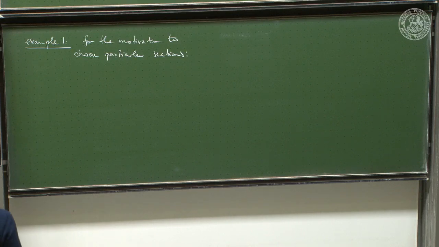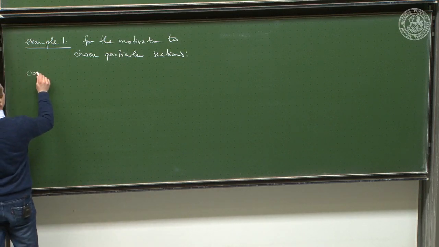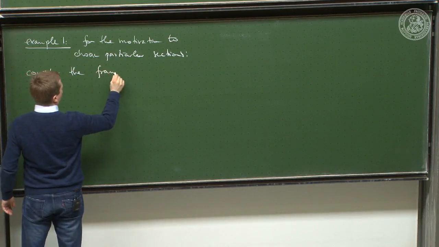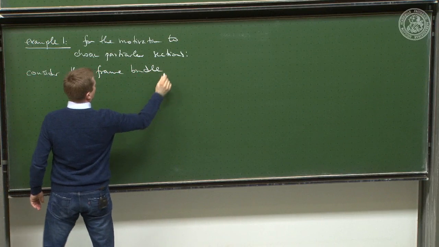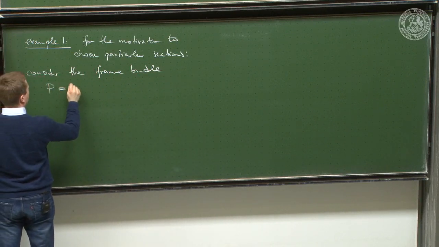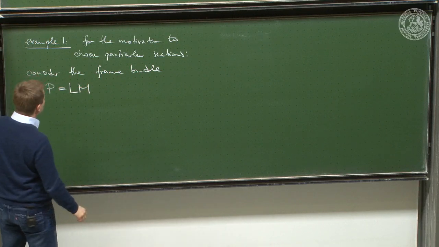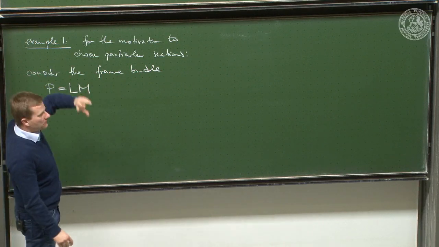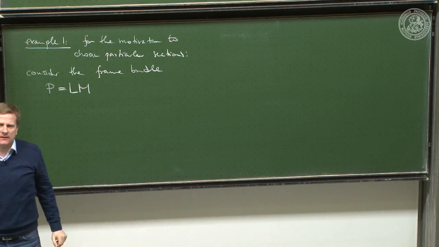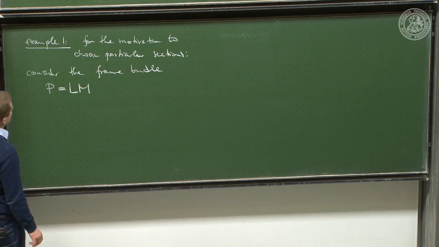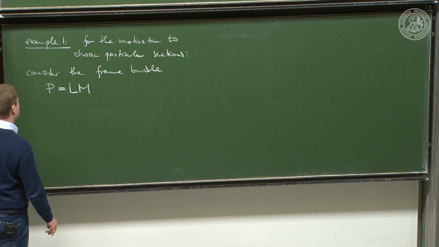Well, consider the frame bundle as an example. Remember the frame bundle, where the total space is given by this LM, and where you attach to every point all possible bases of the tangent vectors. That's the frame bundle. We discussed this at some length.